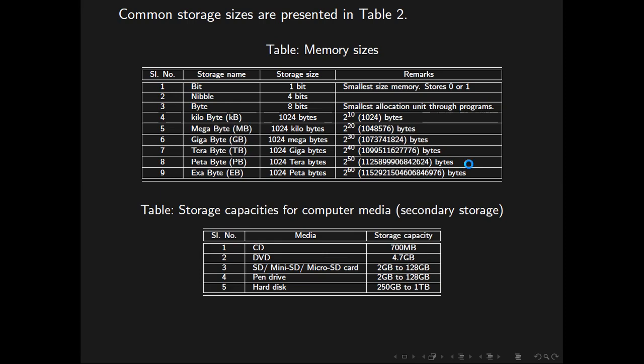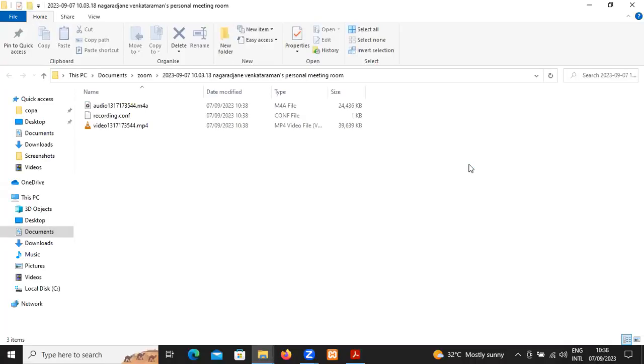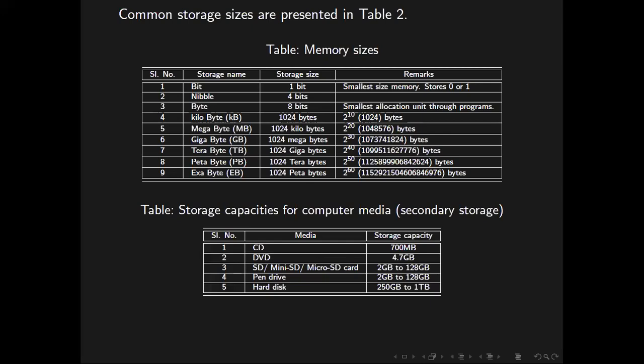Normally 1 kilogram of sugar, how many grams? 1000 grams, correct. Here also, 1024 is nearest to 1000.